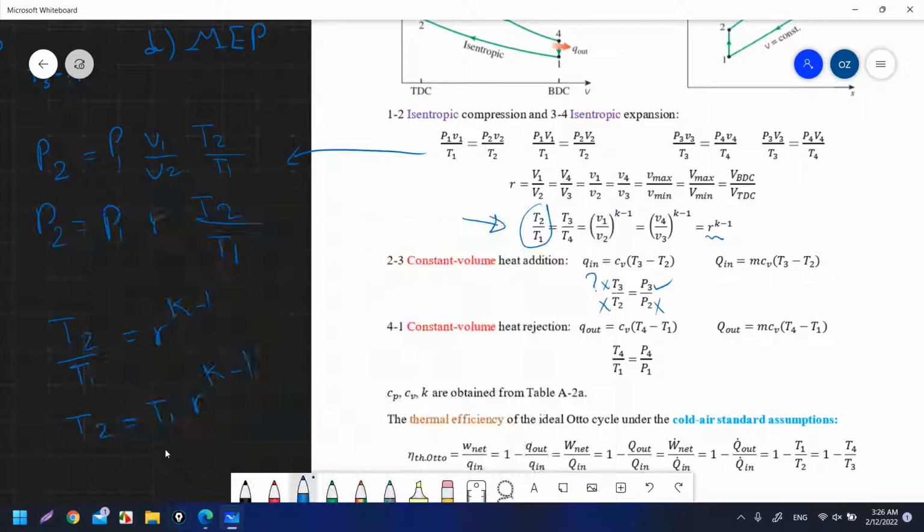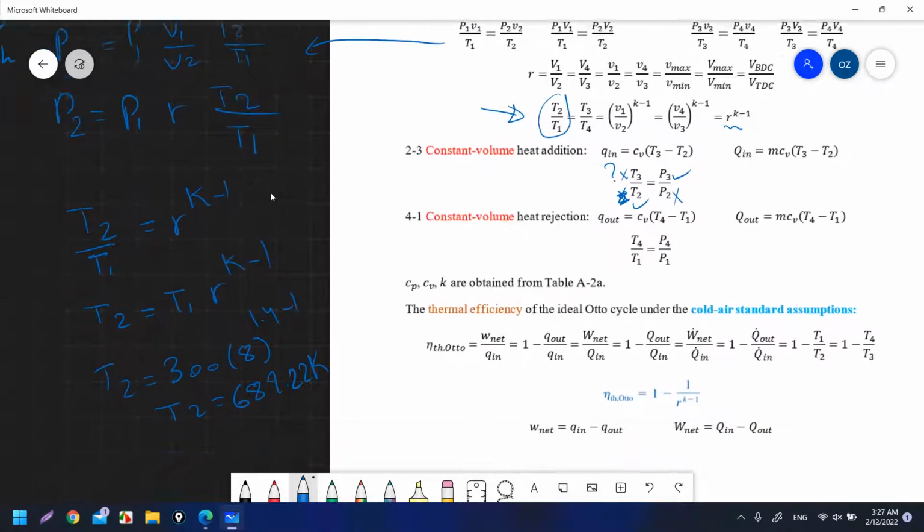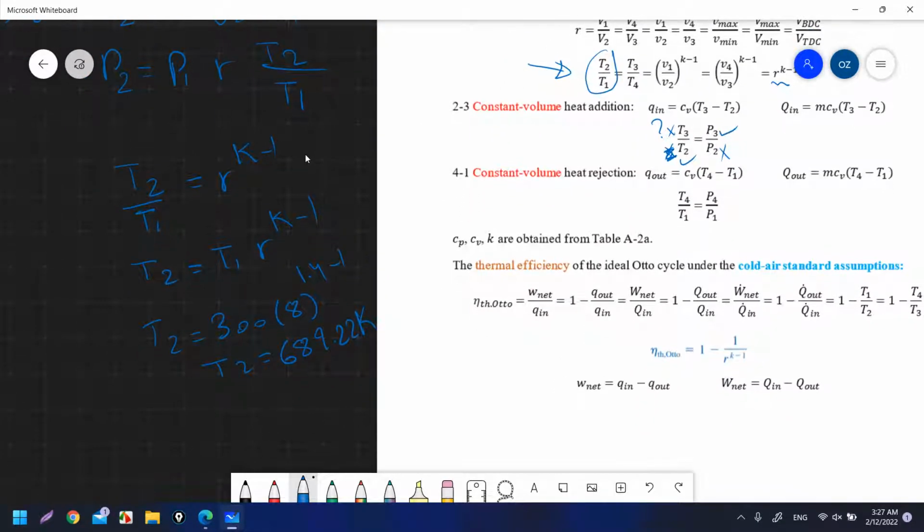T1 is given in the question, 300 Kelvin. Put it in Kelvin. r is 8, k is 1.4 minus 1. So T2 is 689.22 Kelvin. Okay, I found T2. And now let's find P2 from this equation.